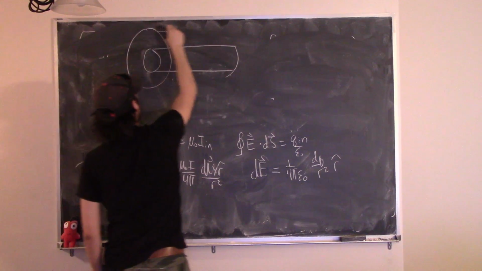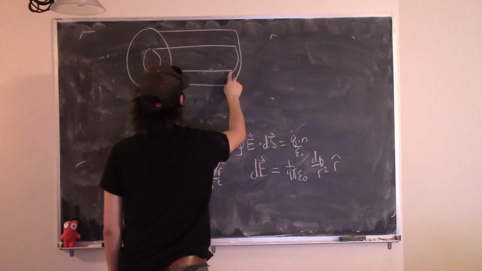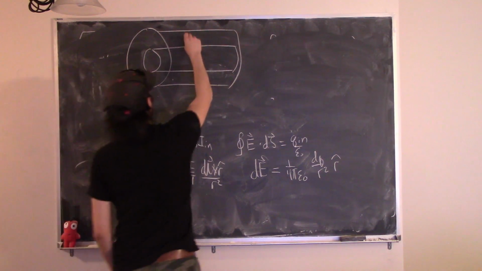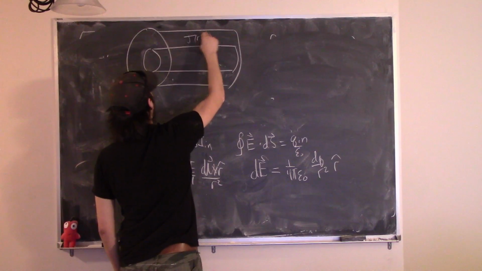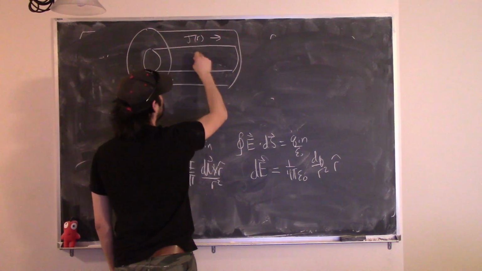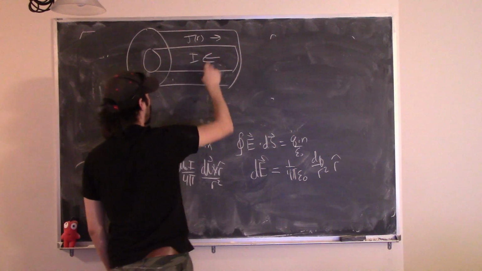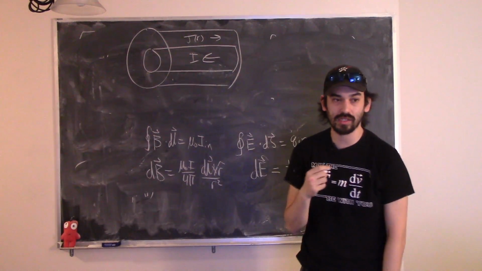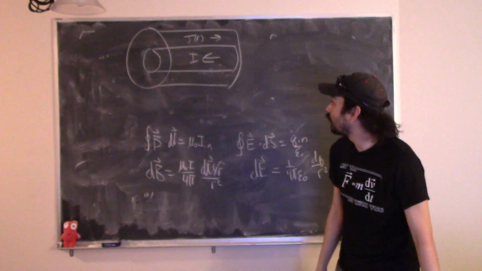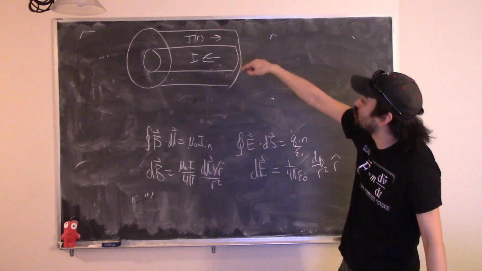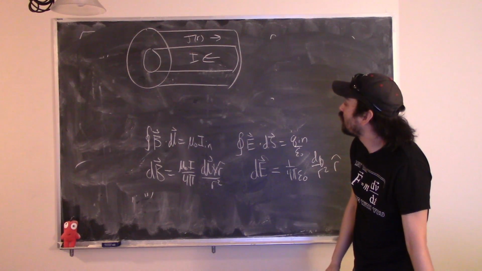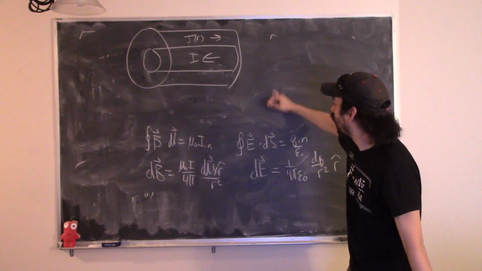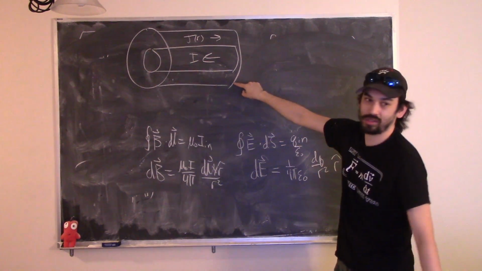This had some current density J as a function of r out here, and some I goes this way. And then additionally, I also asked what's a condition between J0 and I if the magnetic field on the outside is 0. I highly suggest looking at this problem.